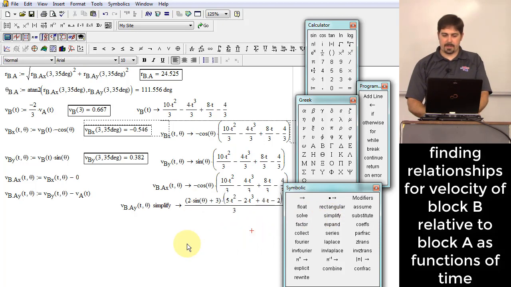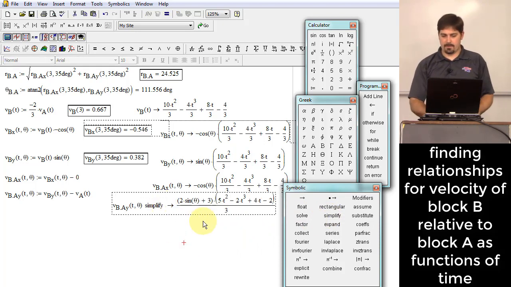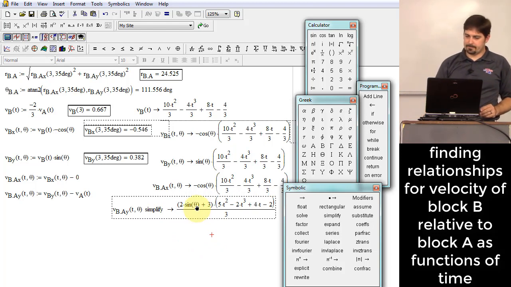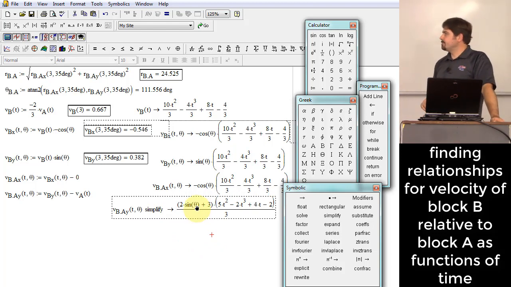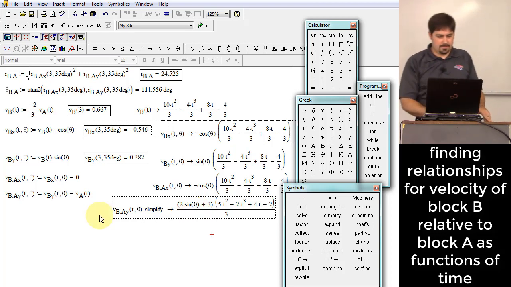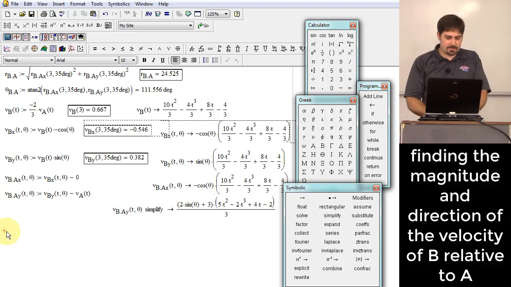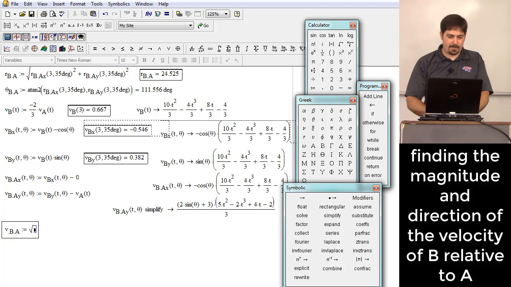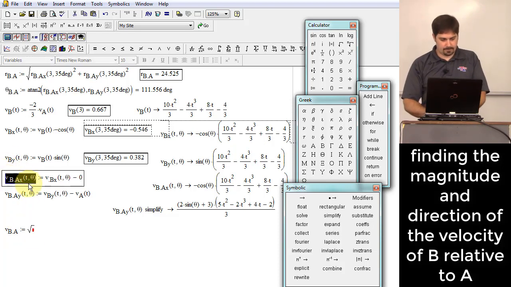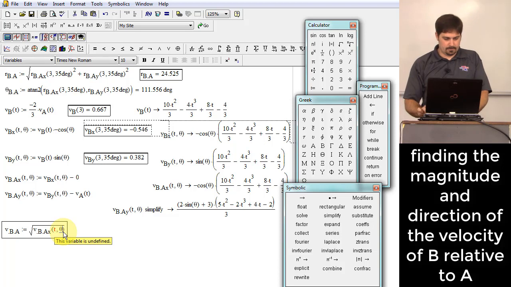That's also in the symbolic toolbar that you see there. All right, and for the last thing that I'll do here, let's just figure out what that velocity magnitude is, B relative to A, at this point in time that we're curious about. Something like this.